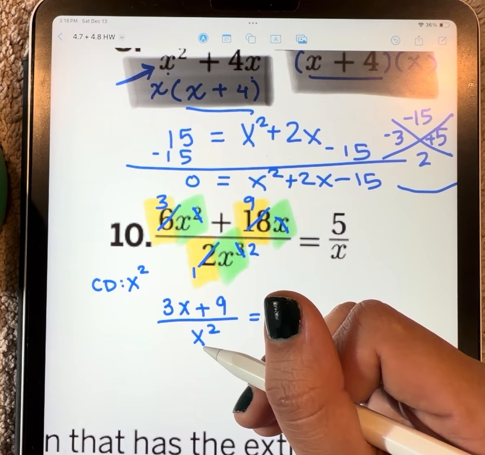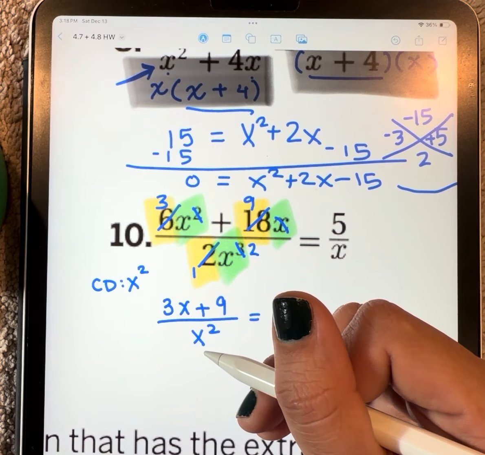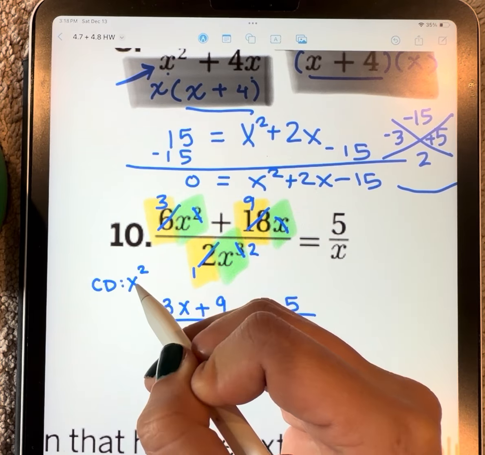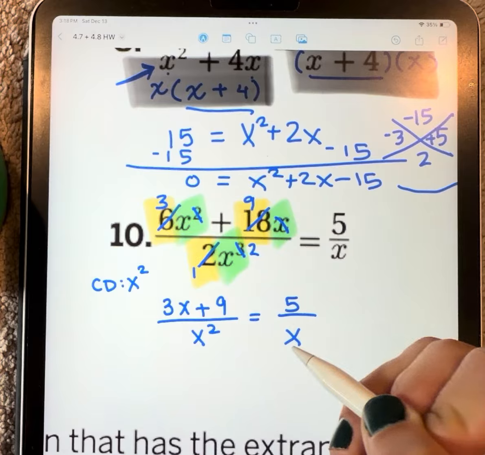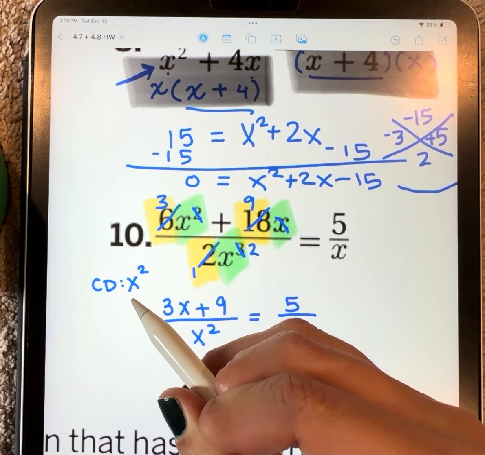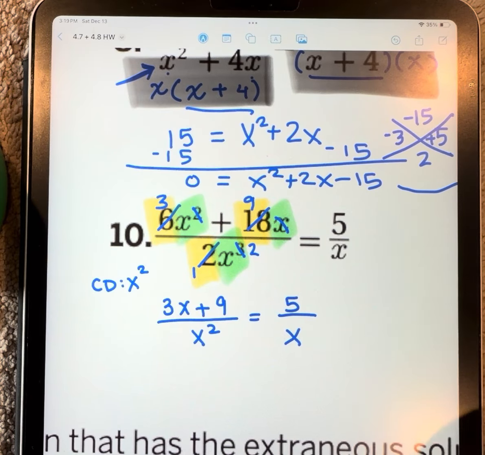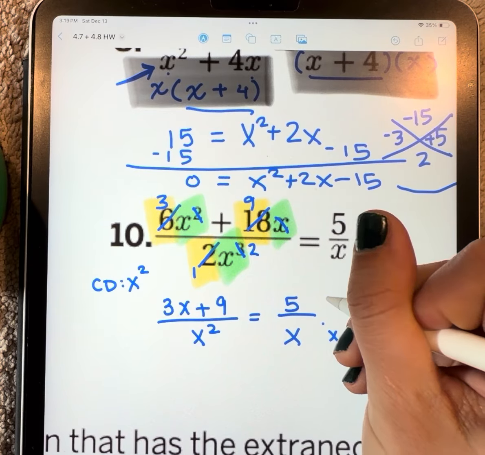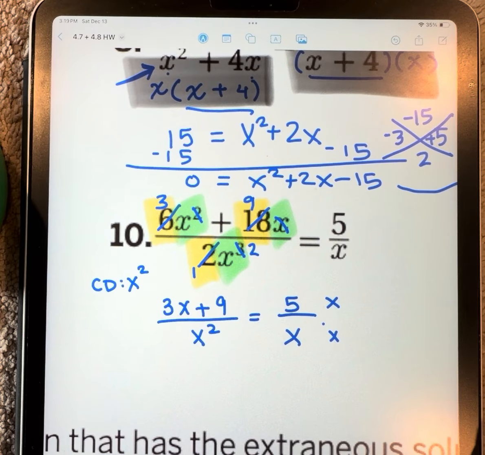This fraction wants to bring 2 x's on the road trip. 1 x will not be enough for it. So in order to keep this one happy, we got to bring 2. This one's happy because there's at least 1. Okay? So the common denominator is x squared, and that means that this fraction just needs an x on the bottom and an x on the top to have the common denominator.